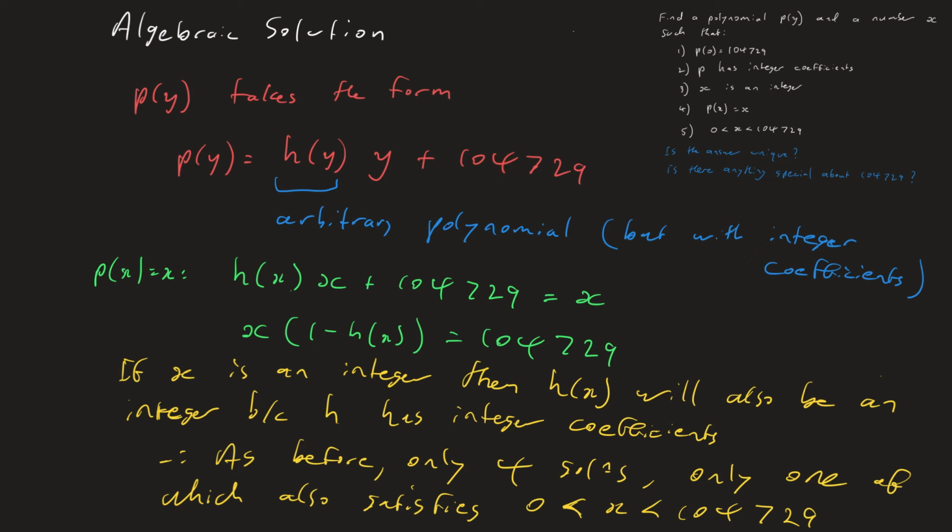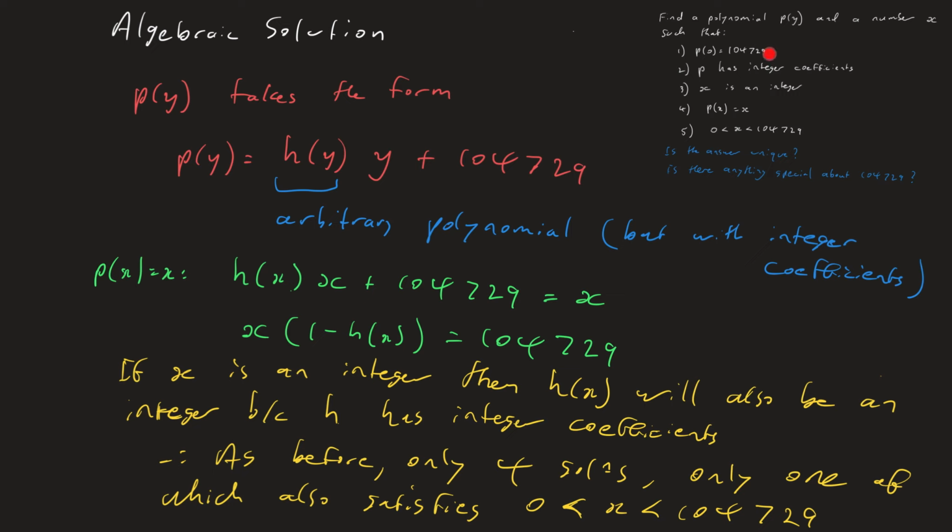And moreover, when I evaluate it at 0, p at 0 equals h at 0, and that could be any number I like depending on what h is. But p of 0 is equal to some number times 0 plus 104,729. And so therefore p of 0 is equal to 104,729.